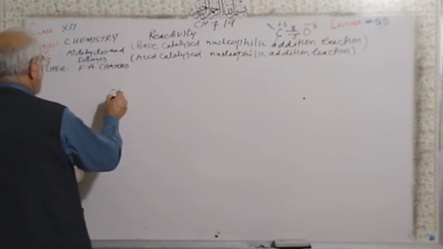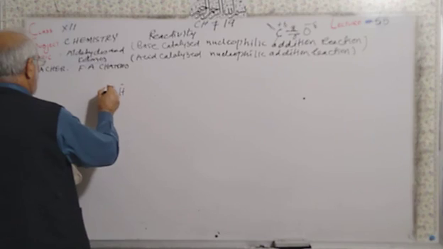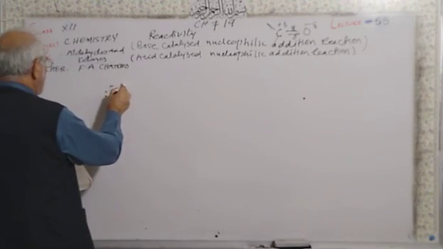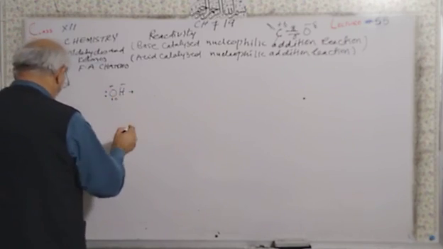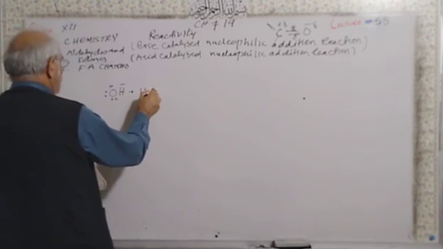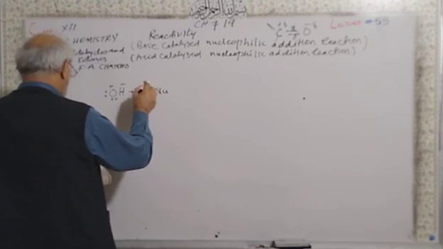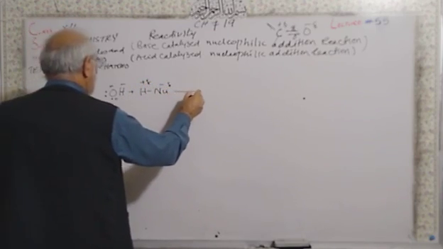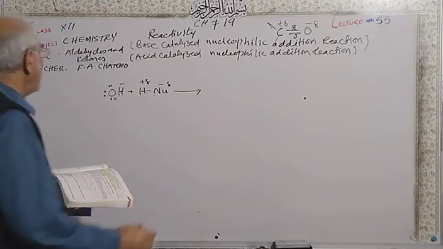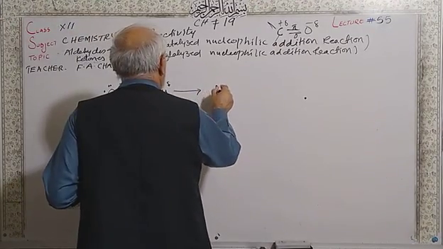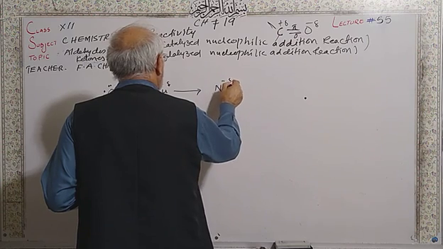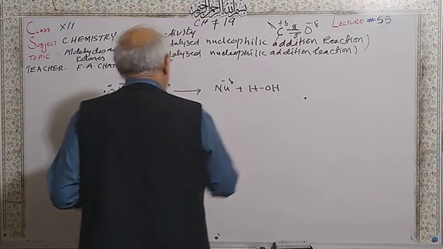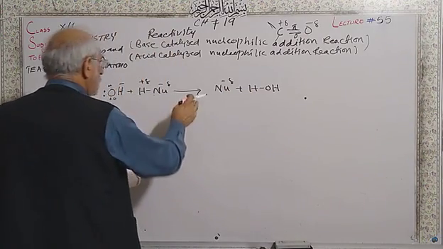So this is the base, the hydroxyl group acts as a catalyst, plus the reagent. This is a nucleophile, and we get the powerful nucleophile here, and the water is going to be formed.